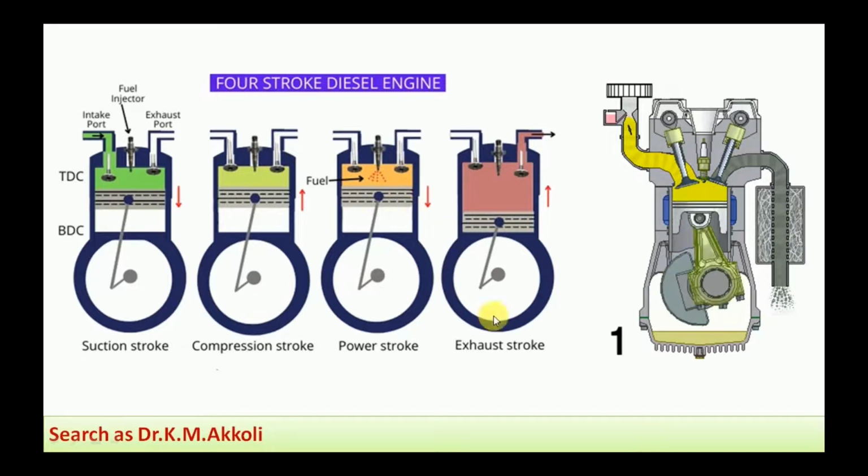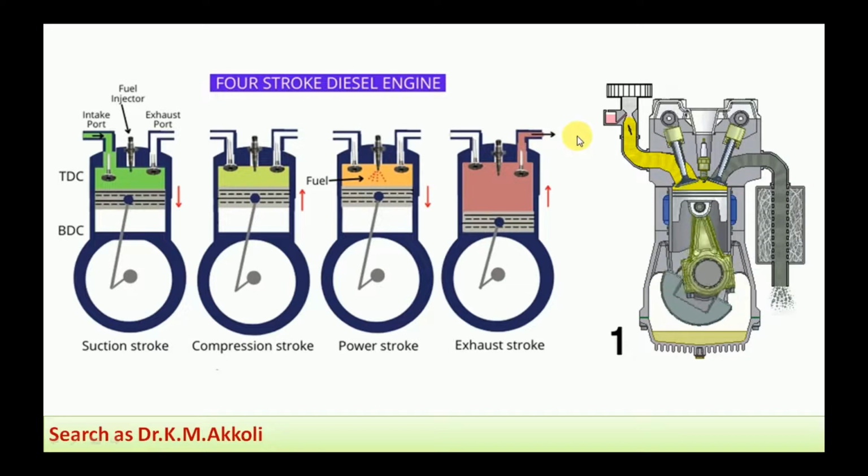Then the next one, the exhaust stroke. When the piston reaches the bottom dead center, the exhaust valve opens. Due to the pressure difference between the inside of the cylinder and the outside atmosphere, the burnt gases flow out of the engine cylinder.